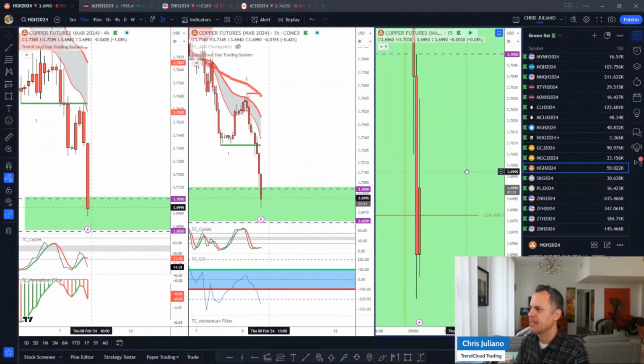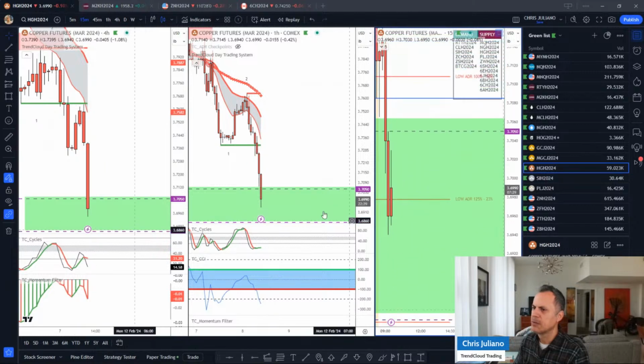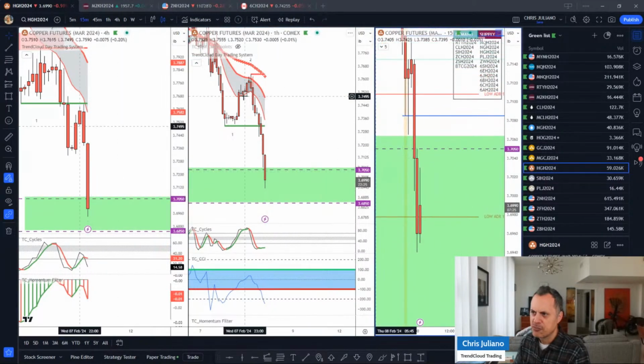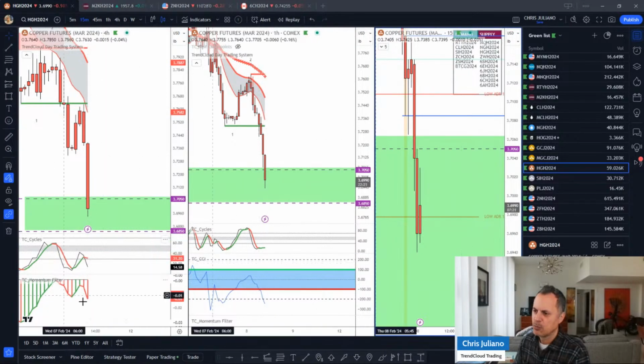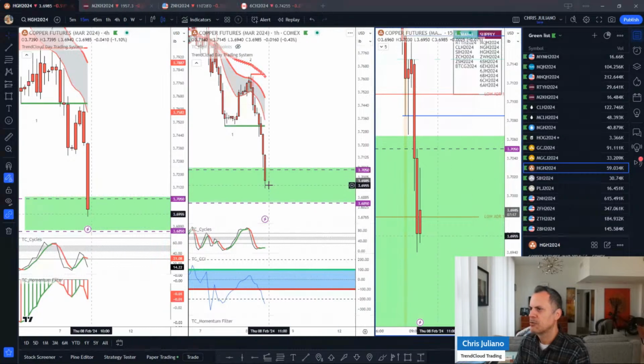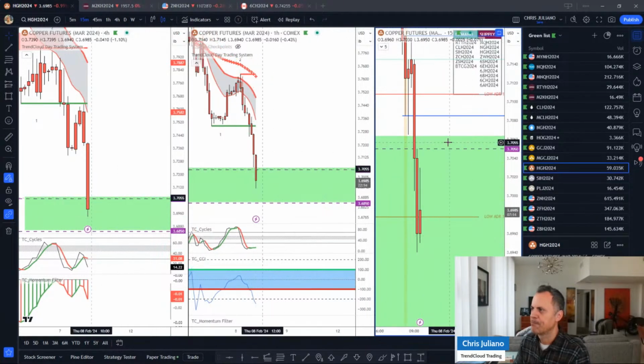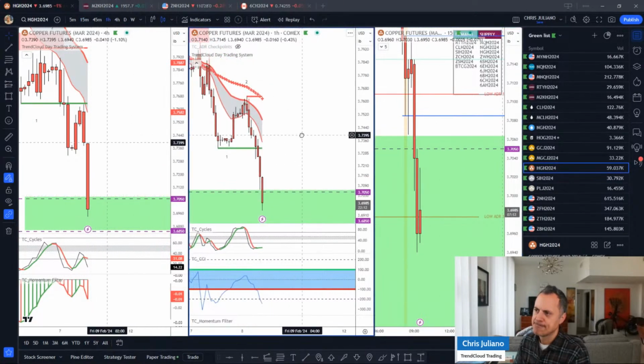Copper has already hit that second ADR level. Okay. Major downtrend on every time frame. Very strong momentum to the downside. And we're low on the curve here. So we're actually in a trend.